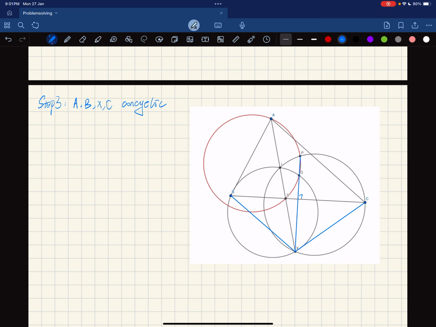Okay, so for these points, I want to show you that the angle BXC equals 180 degrees minus angle A. Okay, let's do it. Let us connect these points.